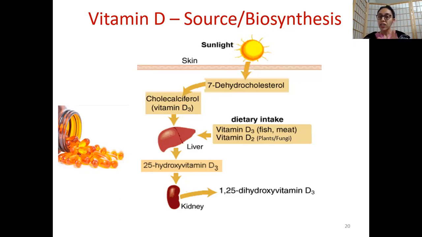This is where you get your active vitamin D3, also called 1,25-dihydroxycholecalciferol, or calcitriol. So this is basically the process of activating your vitamin D in the body. I hope this is simple.